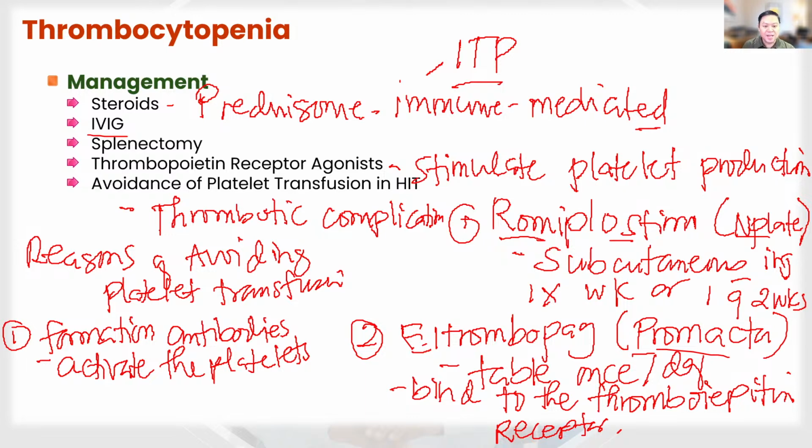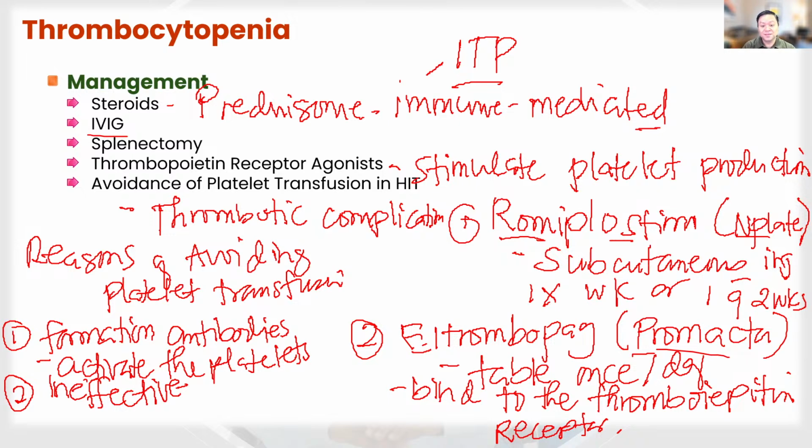Okay? Now, the other reason for avoiding platelet transfusion in thrombocytopenia caused by heparin is that it will be ineffective. Why? Because the platelet transfusion is not going to work against the bleeding, okay? Remember the thrombotic episodes that will be increased with the formation of the antibodies?